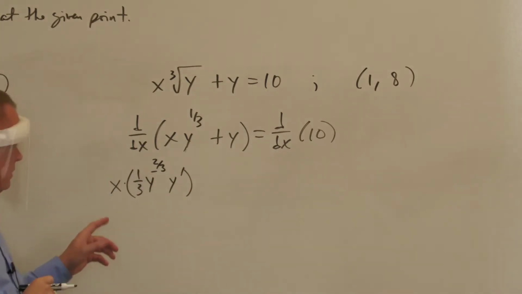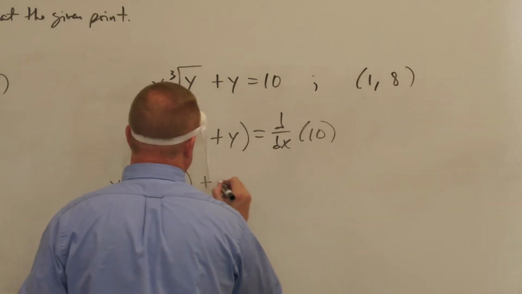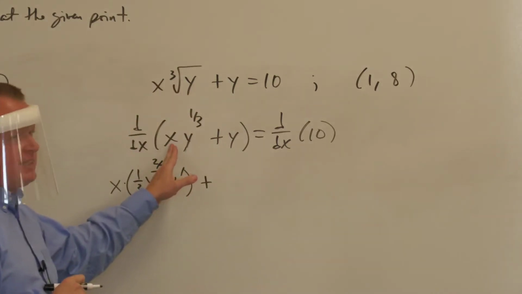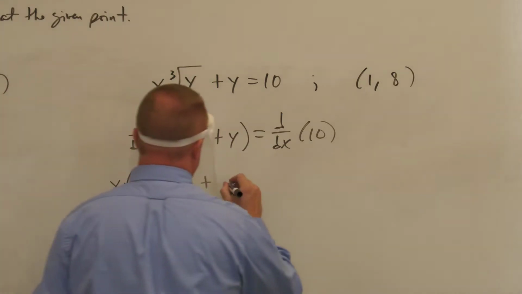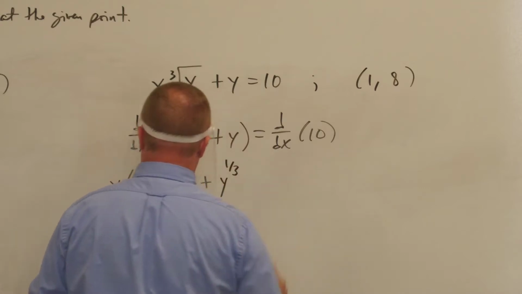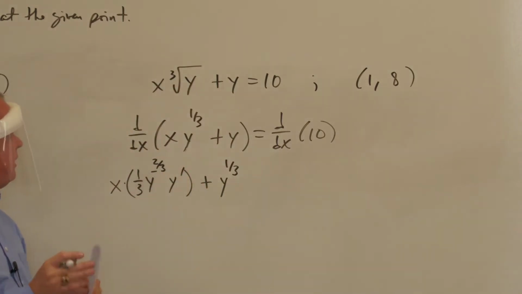Okay? So that is the first times the derivative of the second, plus the second times the derivative of the first. Well, what is the derivative of just x? 1, so it's really just y to the 1/3. Okay? So that is the derivative of this first one here. Any questions about that?